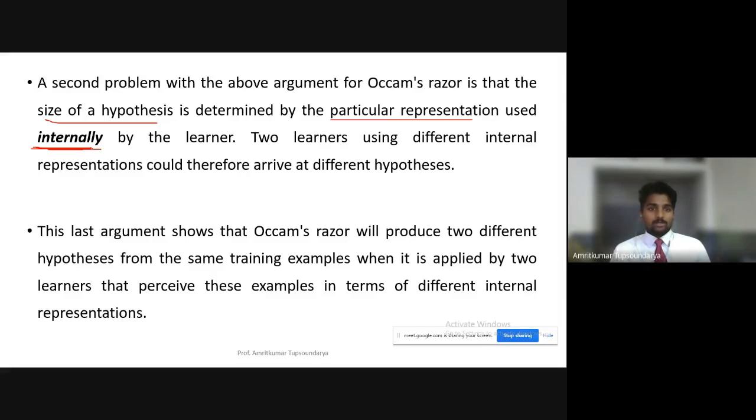The hypothesis which they ultimately form might be different. So two learners using different internal representations could arrive at different hypotheses, which results in a contrast, when we have two different hypotheses for the same model.